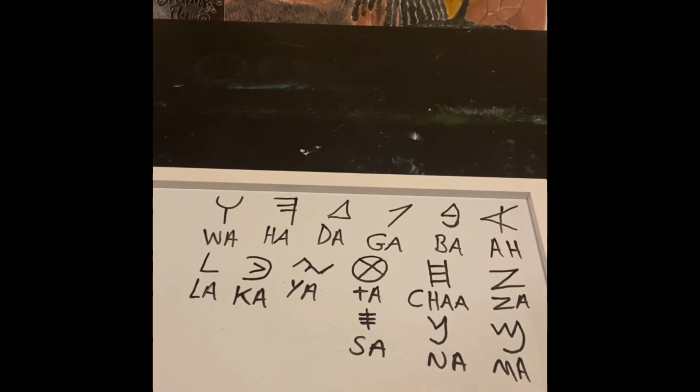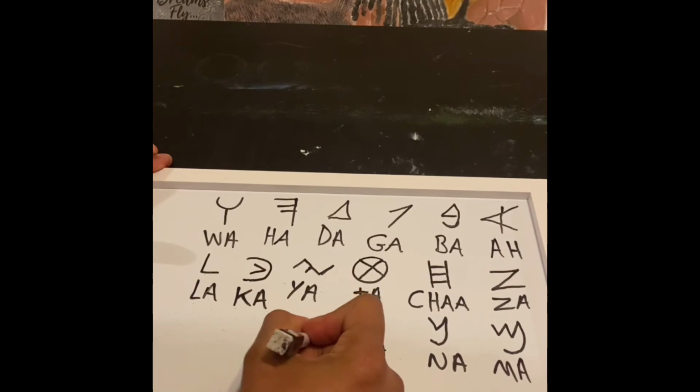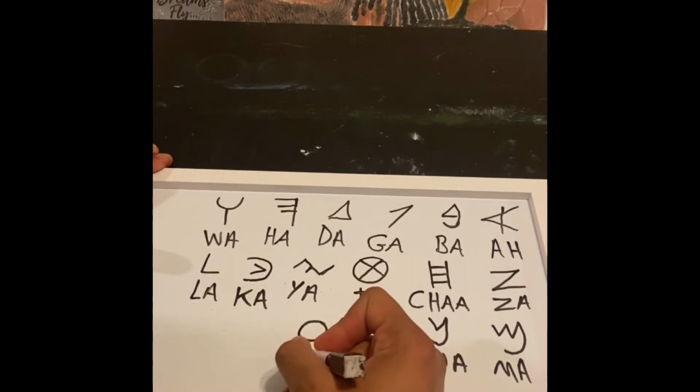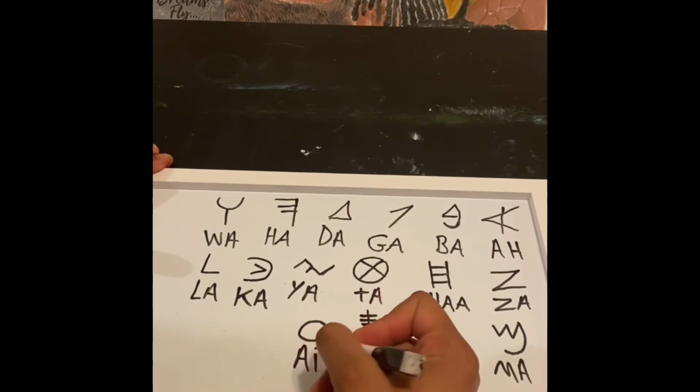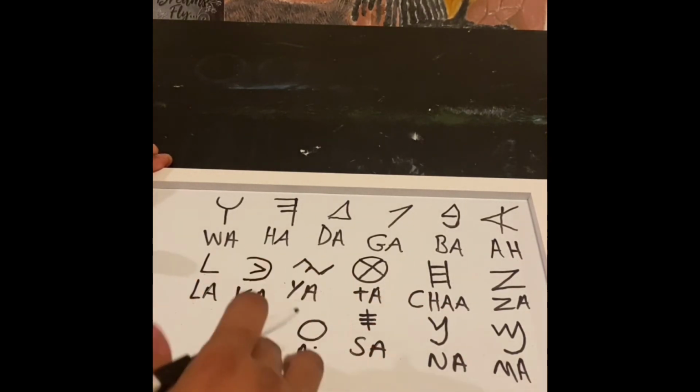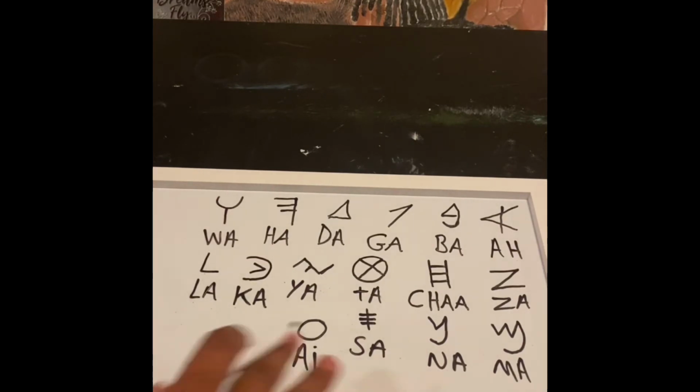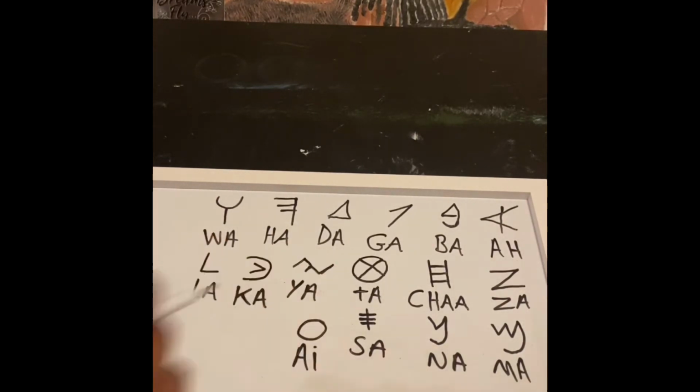All right, so next character is the character I, right? With this, it is just a circle, right? And it is AI, but you literally just pronounce I. You don't pronounce the AI, you just pronounce the I. So this character means I, to see or to experience.